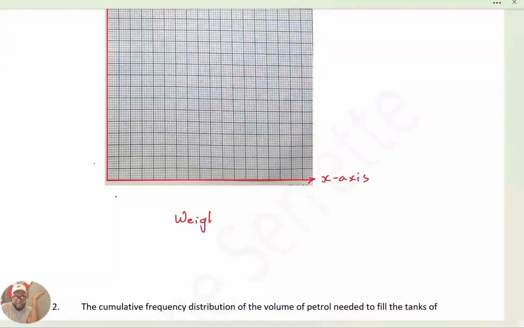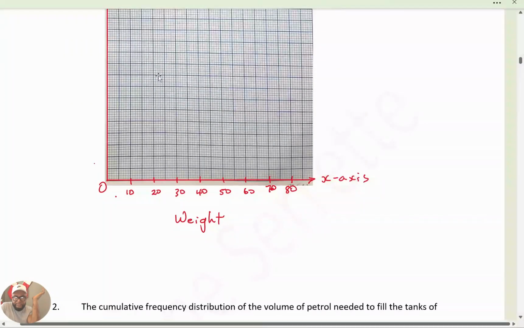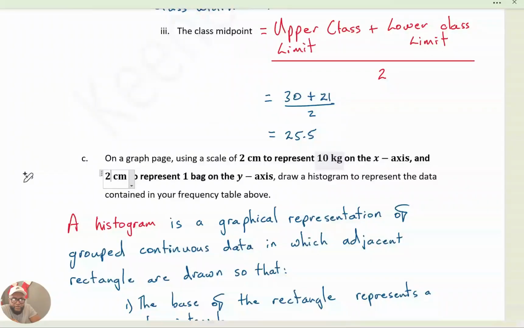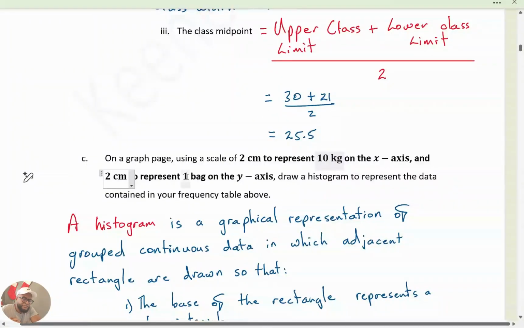This will be a weight. 0 is here, right? Then 2 centimeters represent 10 kilograms. So you have 10, 20, 30, 40, 50, 60, 70, 80.